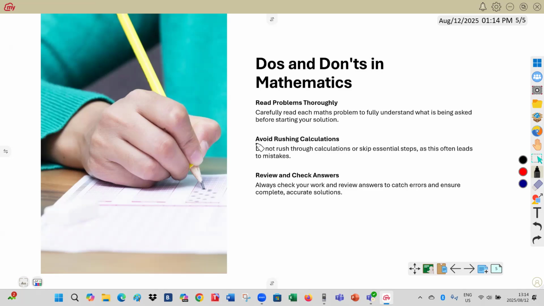Number 2, you are supposed to avoid rushing calculations. It's very important that you take your time. Do not rush through calculations or skip essential steps, as this often leads to mistakes. If you skip essential steps, you might end up losing marks which you are supposed to get.